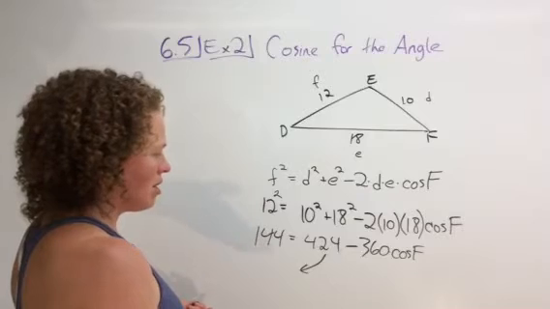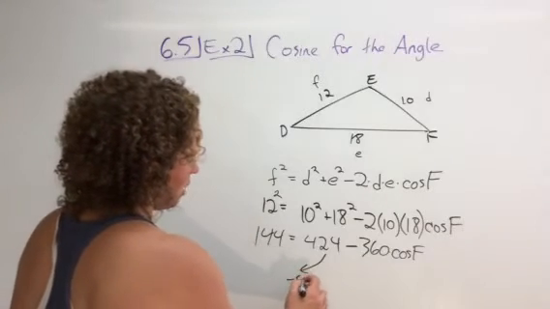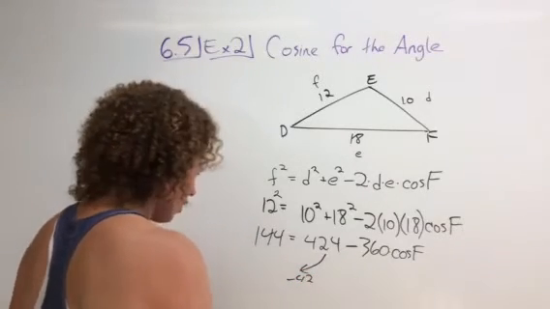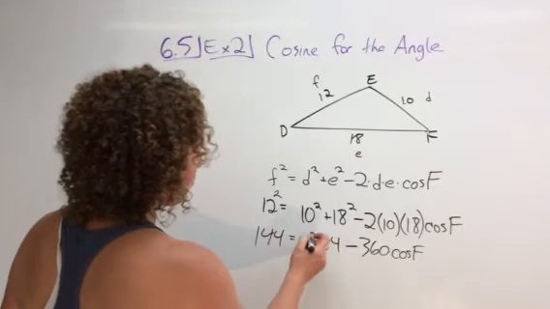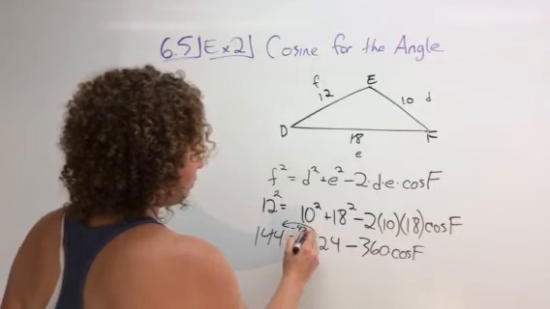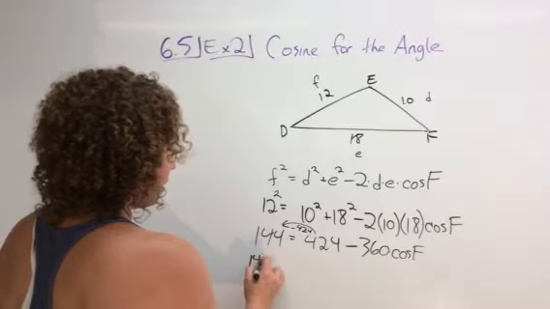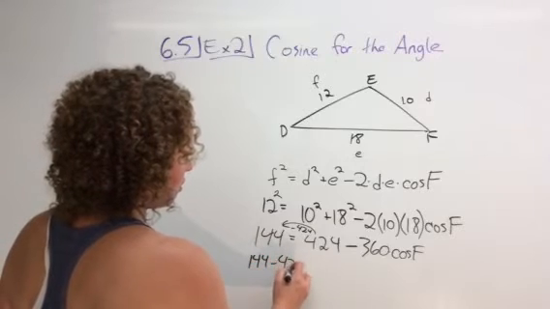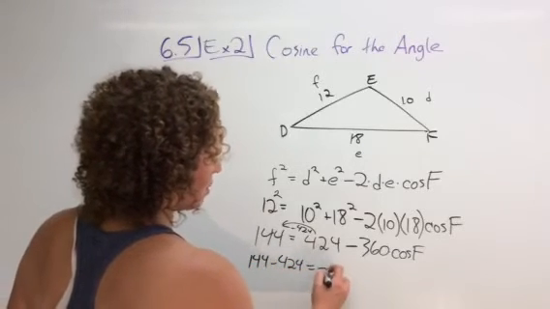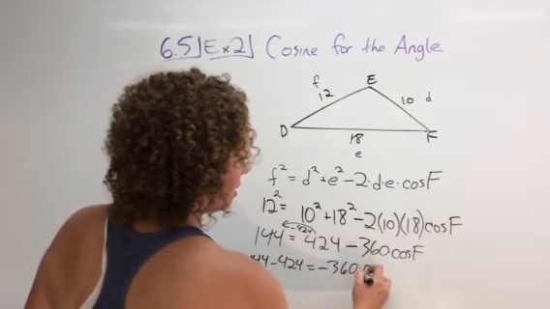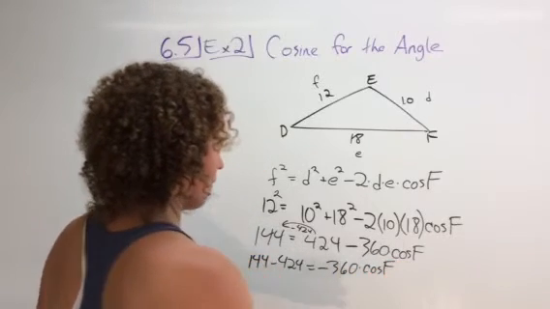So it's positive, make it a negative. So minus 424. So now I got 144 minus 424 is equal to negative 360 times cos of F.